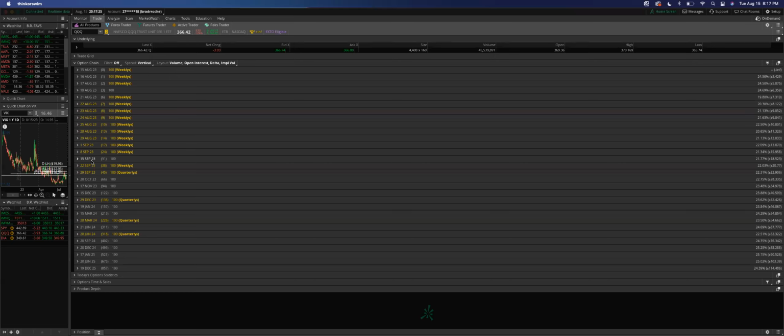A lot of what people will do is buy these contracts because they're cheap. Well, they're cheap for a reason. There's a reason the contracts are cheap, because, for lack of a better term, they're not any good. If we want to make a consistent income out of this, I guarantee people have been in a trade where the stock is moving their way, it's moved a good bit in their way, and they're still down on the contract.